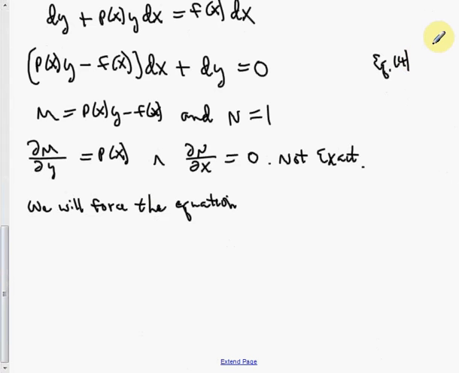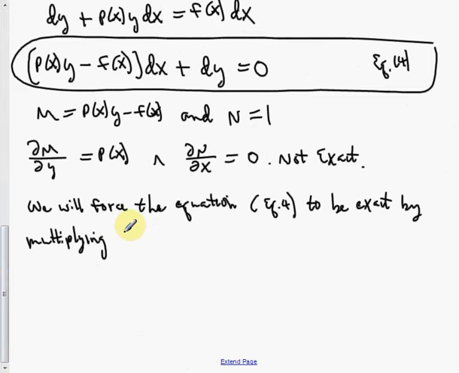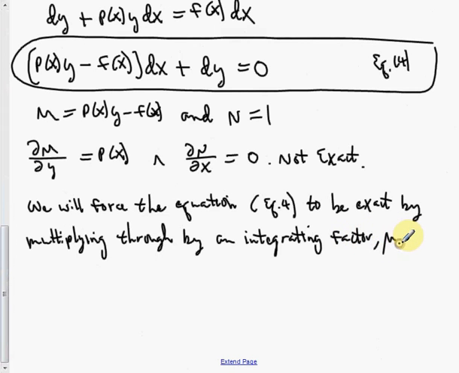So we will force equation 4 to be exact by multiplying through by the integrating factor called mu.